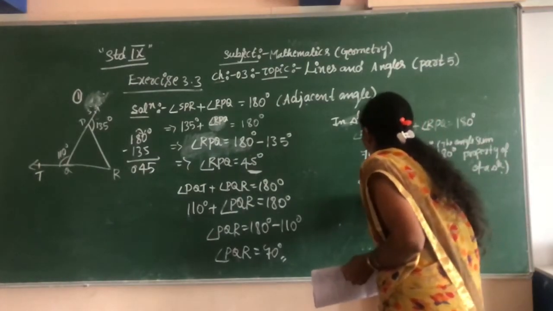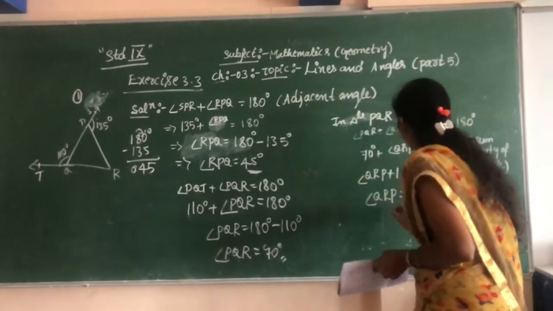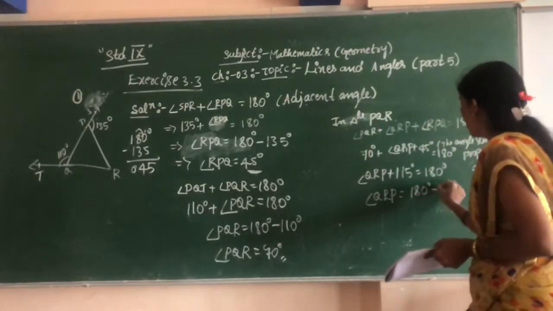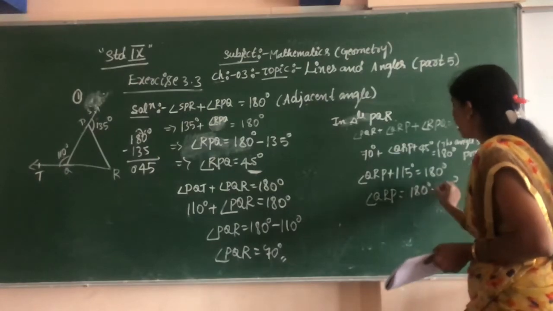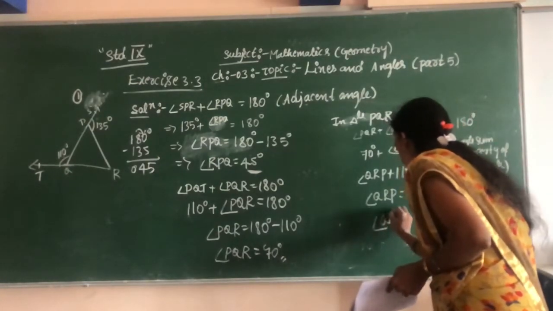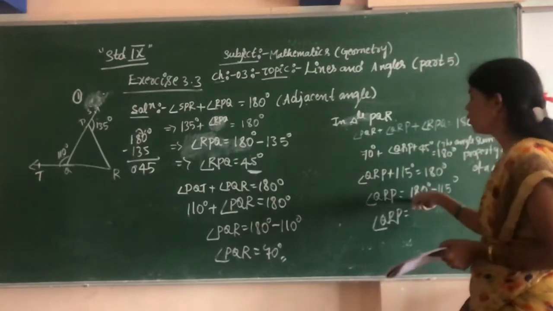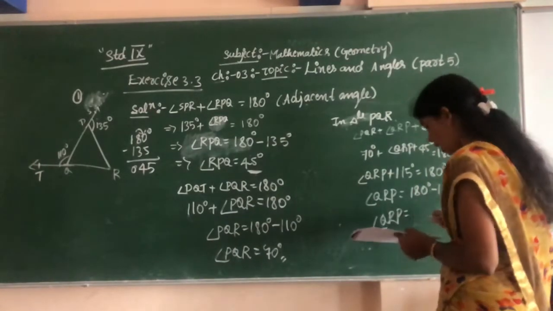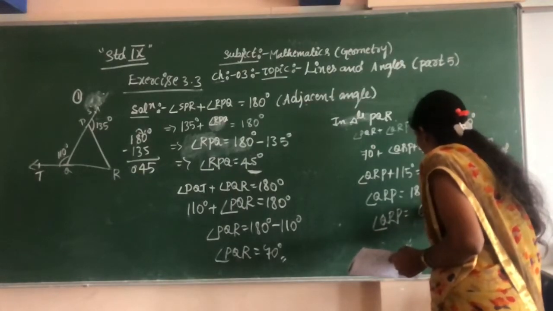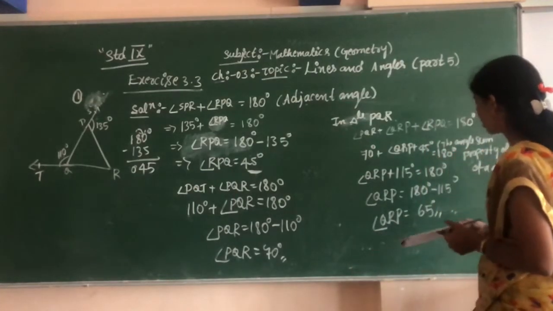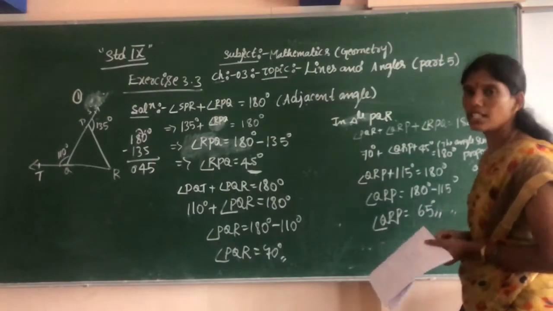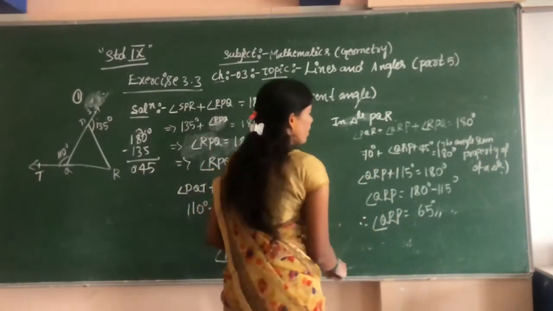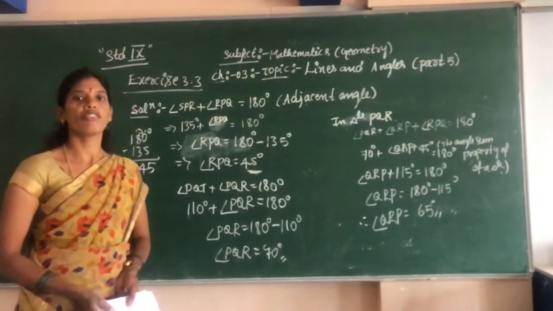Here angle QRP is equal to 180 degree minus 115 degree, which means how many? So 65 degree. Therefore, angle QRP is equal to 65 degree.